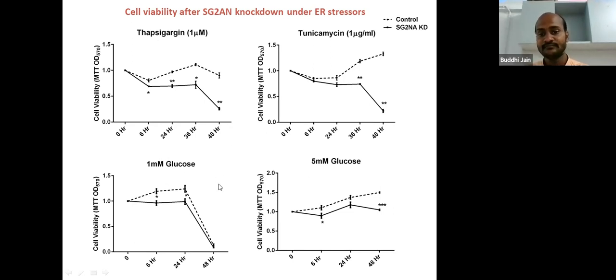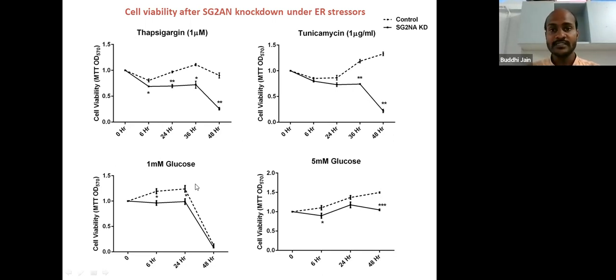And these are the controls, where we treat the cells with 1 millimolar glucose and 5 millimolar glucose. So this experiment further shows the effect of SG2NA on cell viability under ER stress condition.